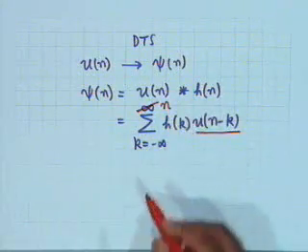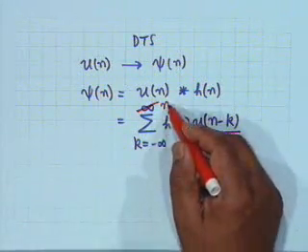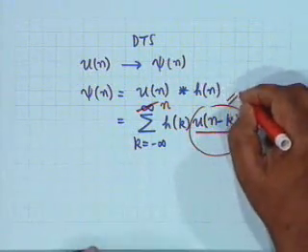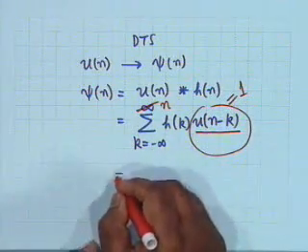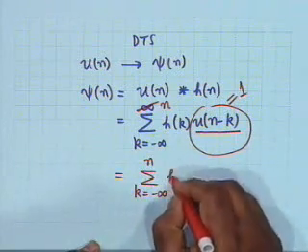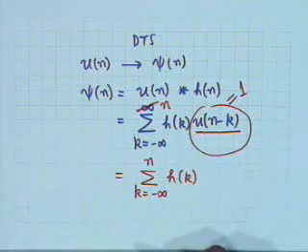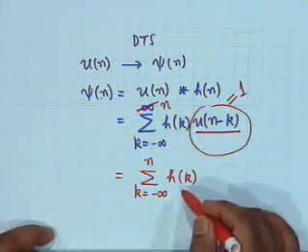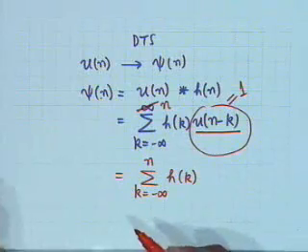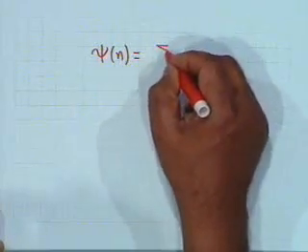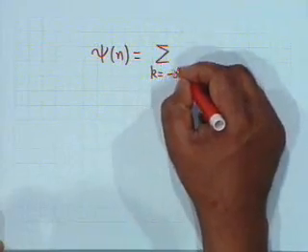And in this range, k equal to minus infinity to n, what is the value of u of n minus k? It's equal to 1. And therefore this summation simply becomes the sum over k equals minus infinity to n of h of k. Is that agreed? This is the relationship between psi of n and h of n, but this is a messy relationship. Can we make it simpler? Yes, indeed we can. We have proved that psi of n is the sum from k equal to minus infinity to n of h of k.